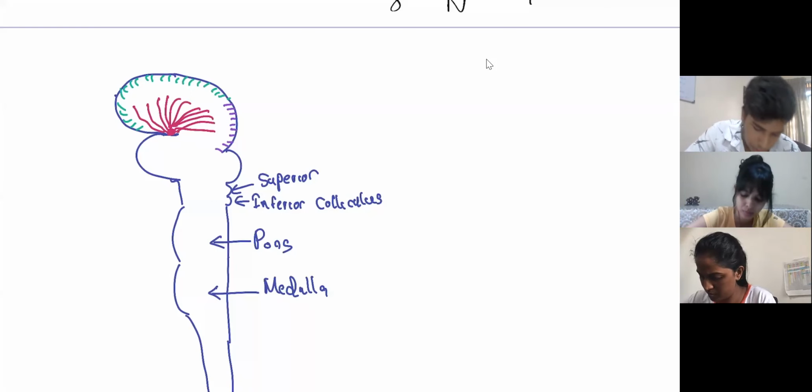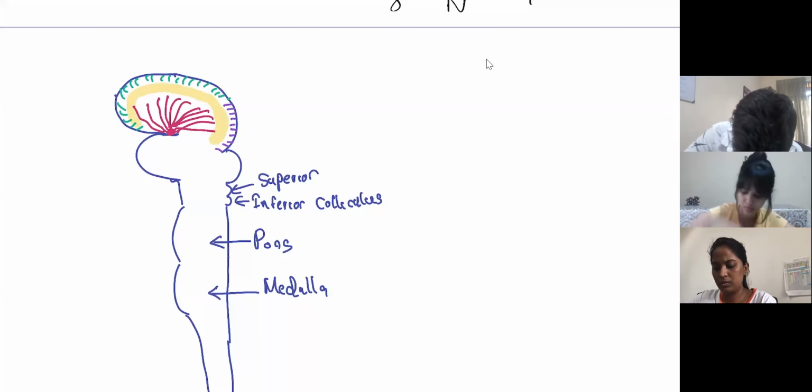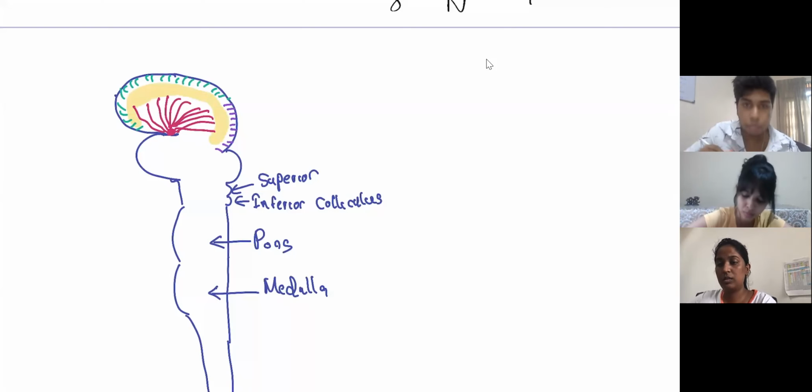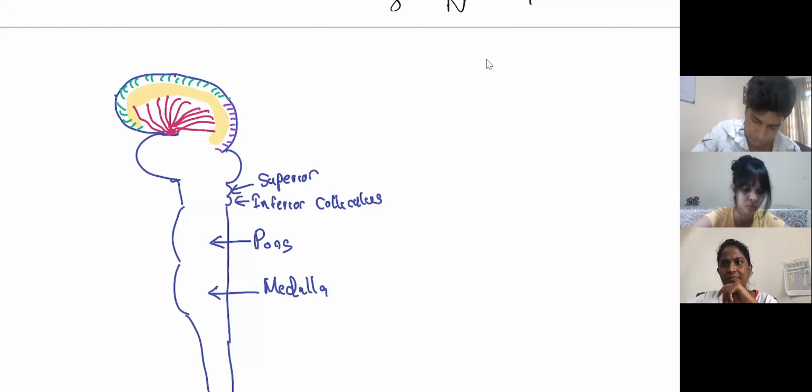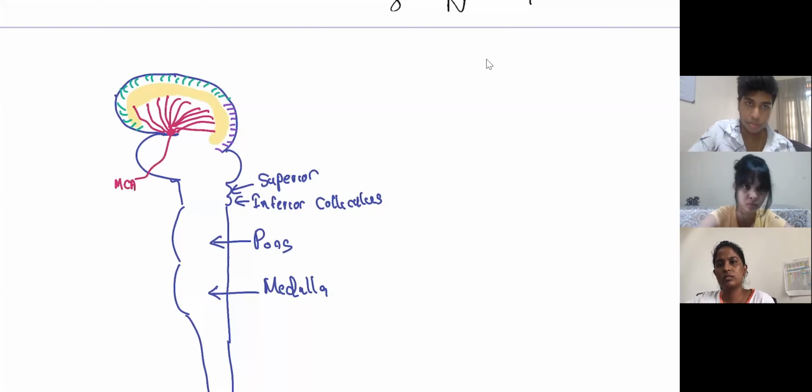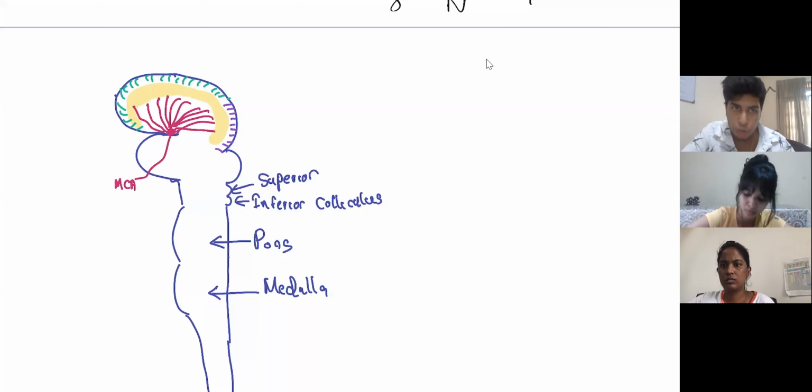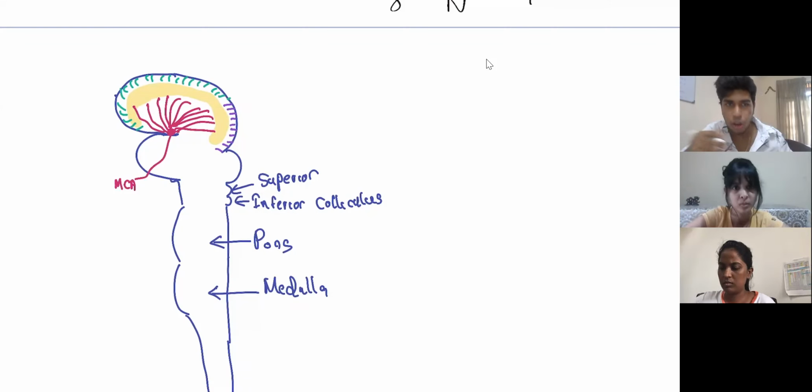Okay. Now, can someone tell me what this area is called? The area where I didn't draw the thick blood vessels? What do you call the area which is hypoperfused? Because all these big vessels don't go, only small vessels go.